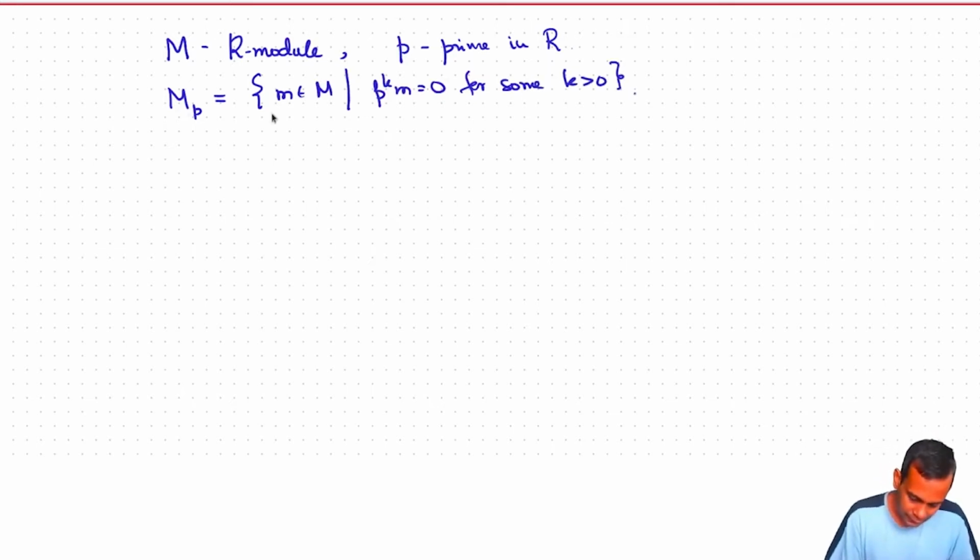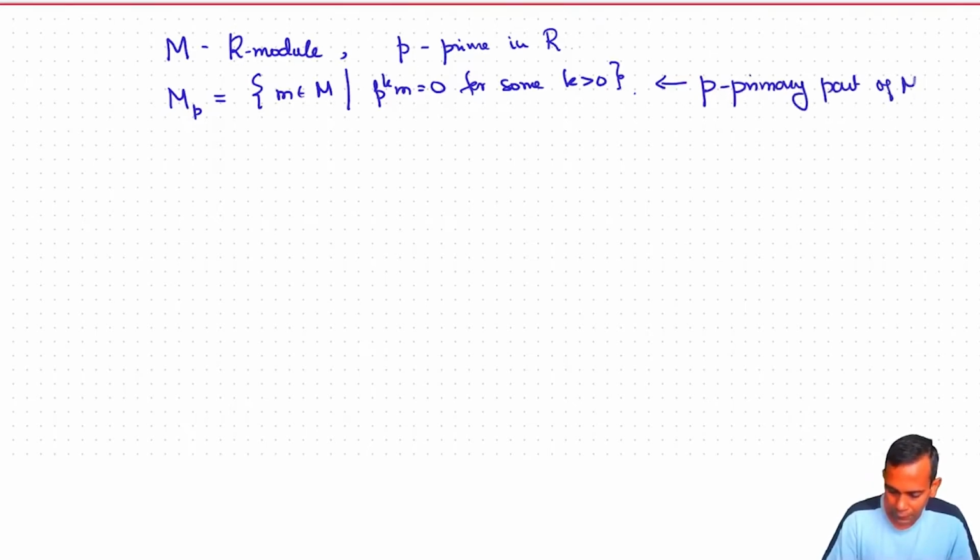This is called the p-primary part of M. And M is said to be p-primary if M is equal to M_p.